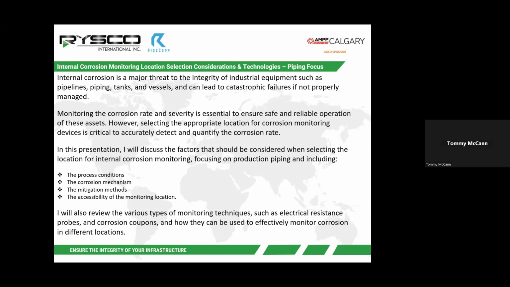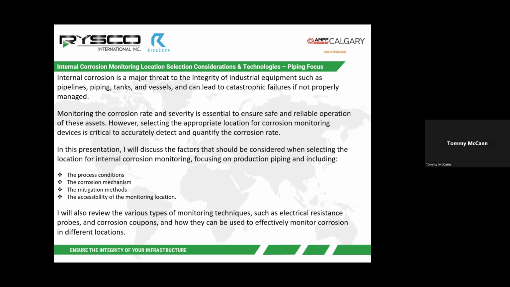So why are we talking about that today? I think most of us are aware of the severity of the threat which internal corrosion poses to the integrity of your equipment. Examples in the hydrocarbon industry are obviously pipelines and piping, your tanks and vessels.